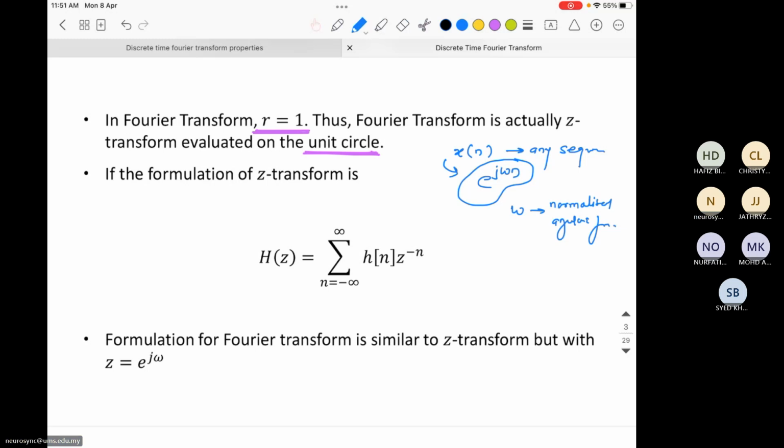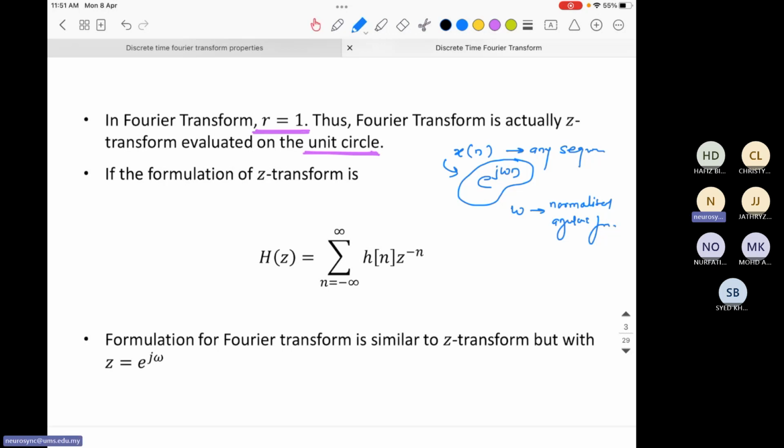Then the dot product of x of n and e to the power j omega is called the DTFT, discrete time Fourier transform, of x of n.